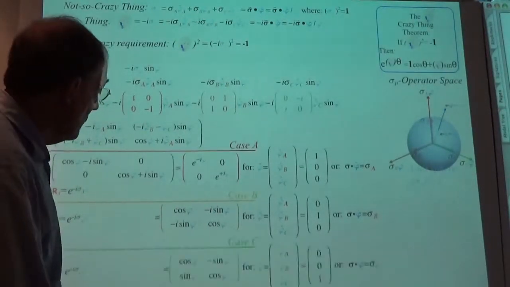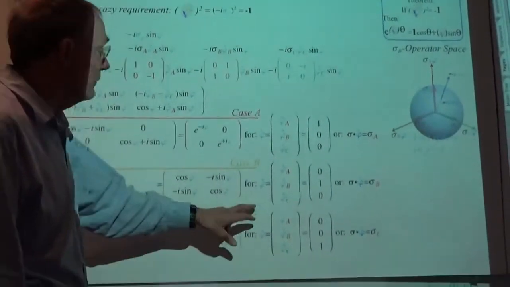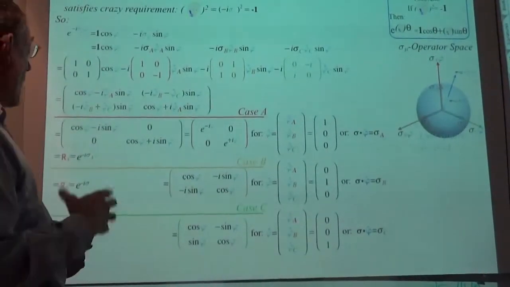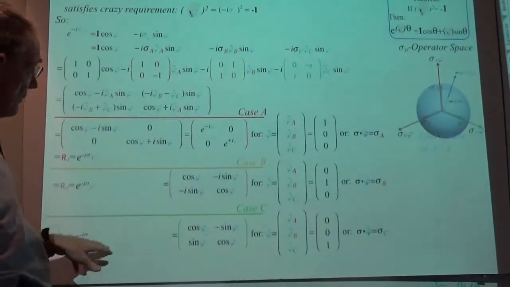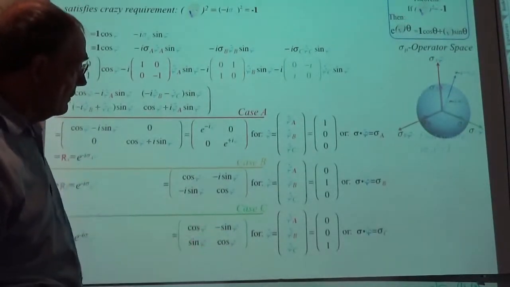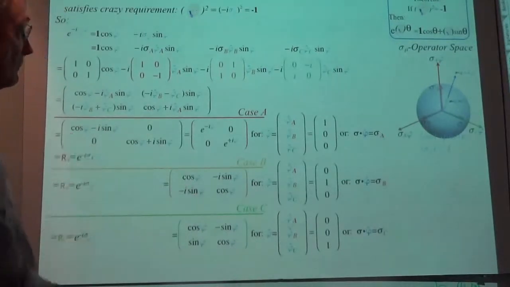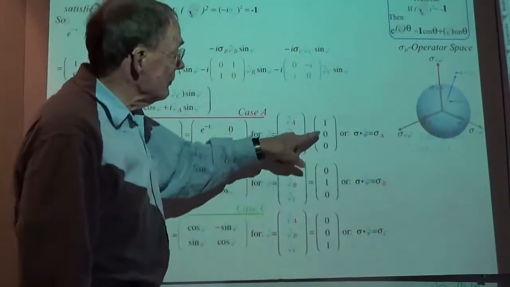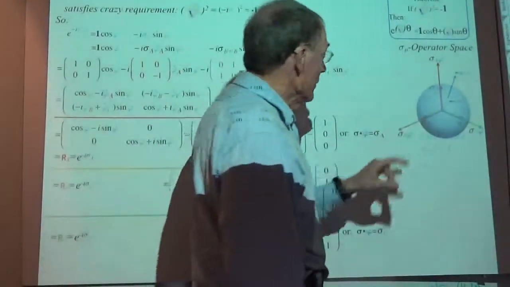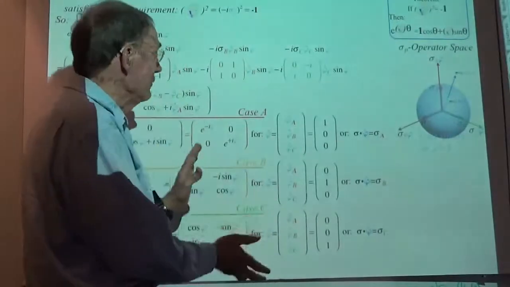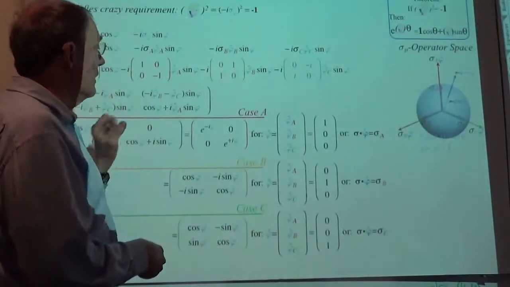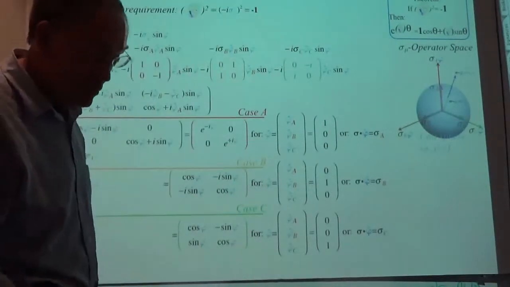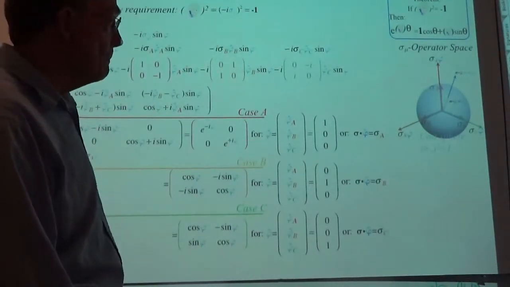And then the one that is more familiar to us, even though this is the weirdest case, case C for the chiral case, this is the one that makes an actual rotation matrix. This is the one that would be causing oscillations to form elliptical and circular motion. So they're each the different unit vectors in this space. But then, of course, you can have any linear combination of these, and that's what's being allowed by this and the whole idea of the crazy thing theorem.